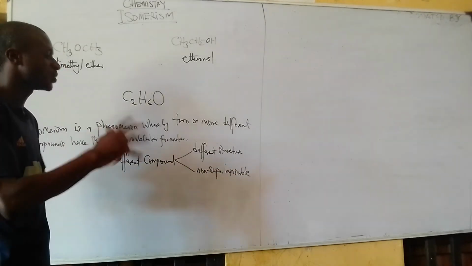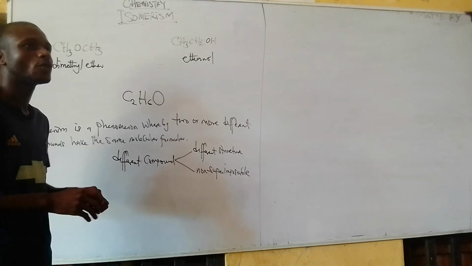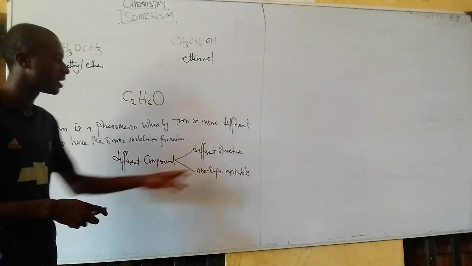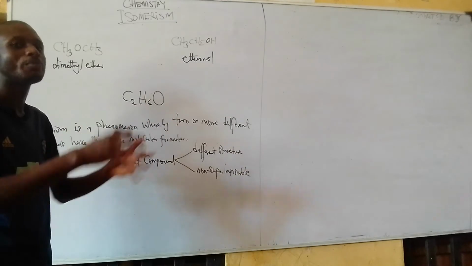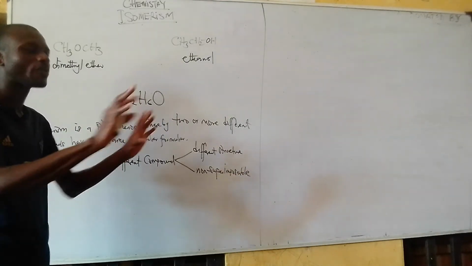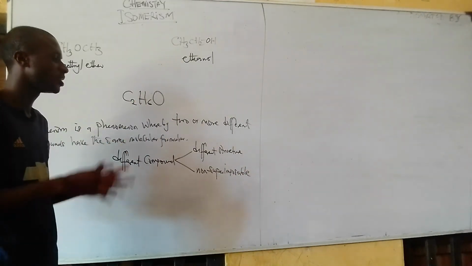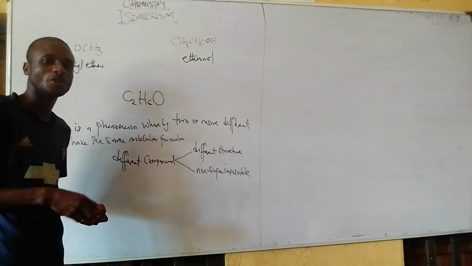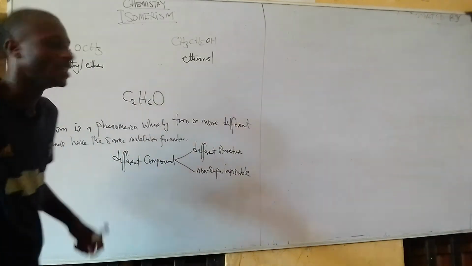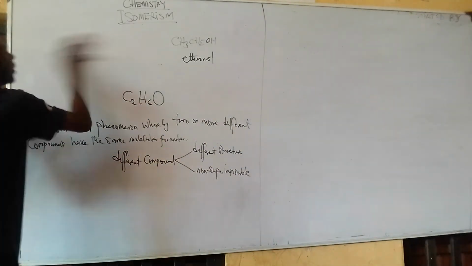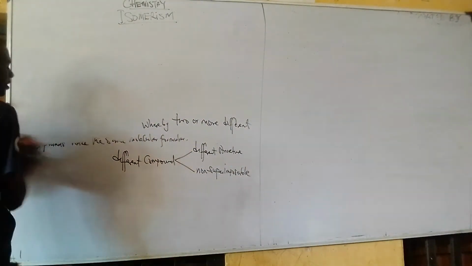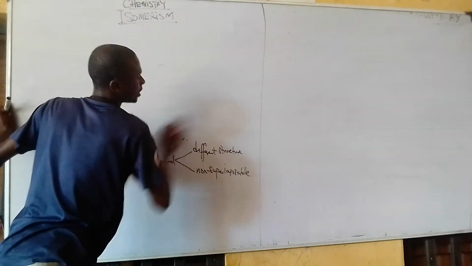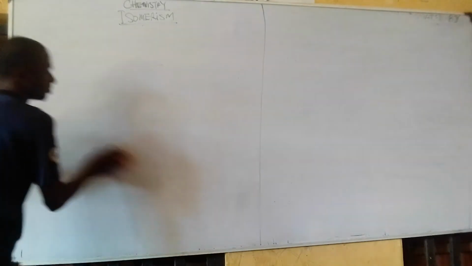If I use the same molecular formula to produce 2 or more compounds that are non-superimposable, I have produced different compounds. That type of isomerism is called stereoisomerism or configurational isomerism. So there are 2 types of isomerism.